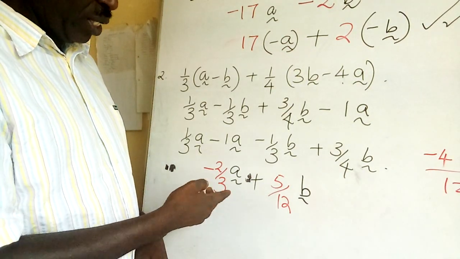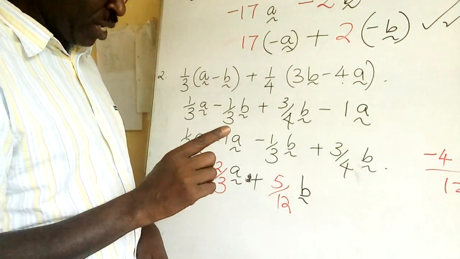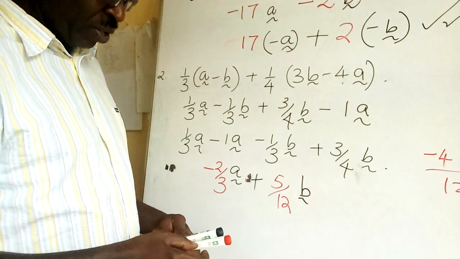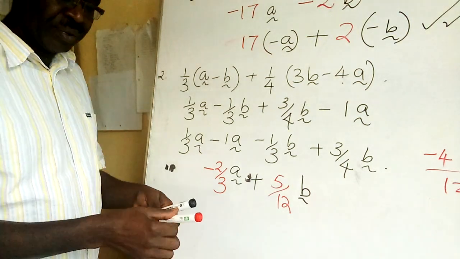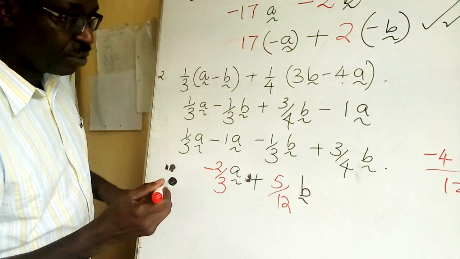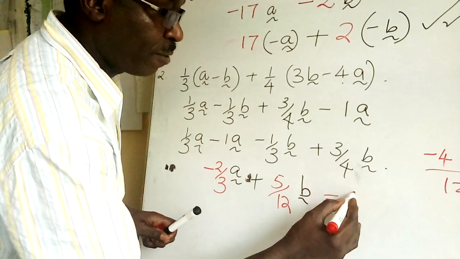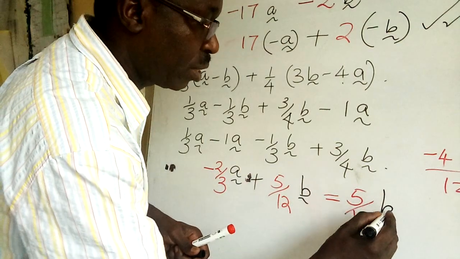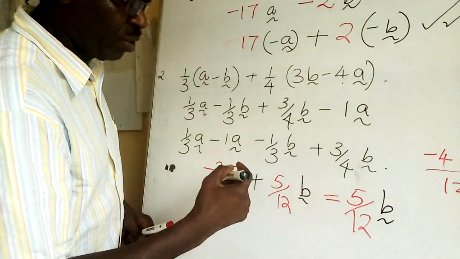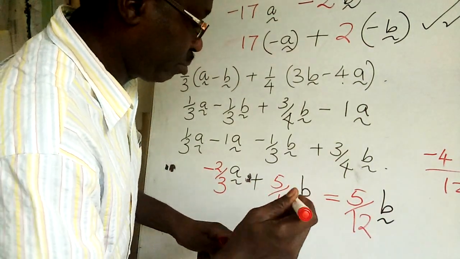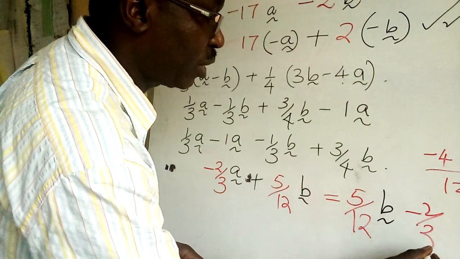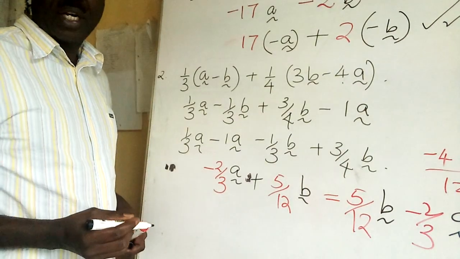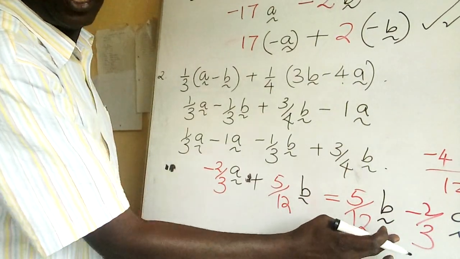So you can see, factorize now. I can start with this and then finish with this. We can have 5 over 12 vector B. This is positive. I finish with the negative, minus 2 over 3 vector A. So you can see this is common.